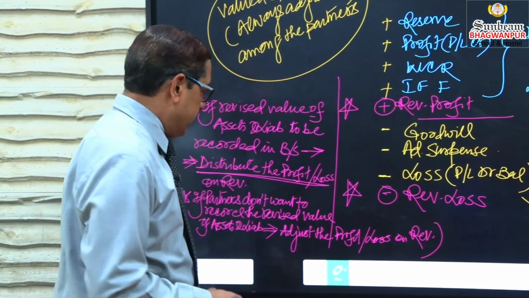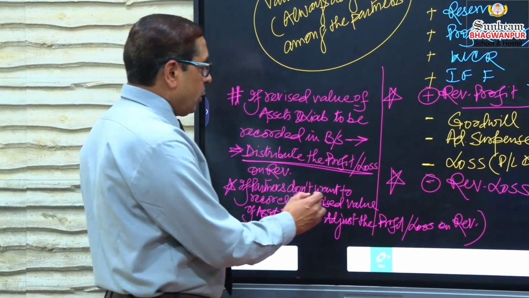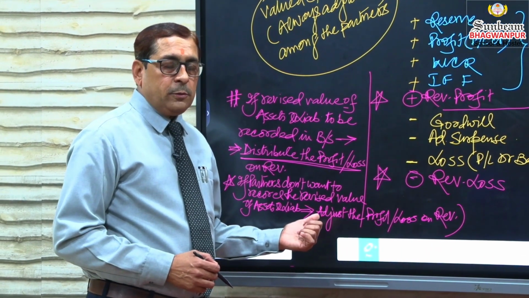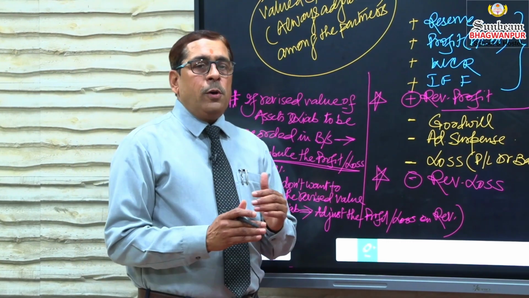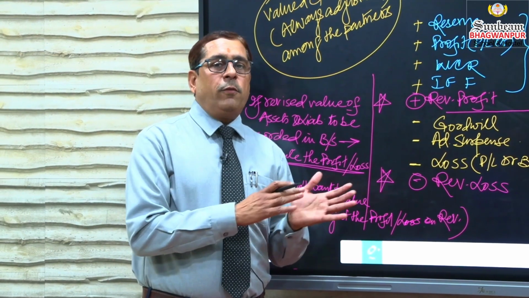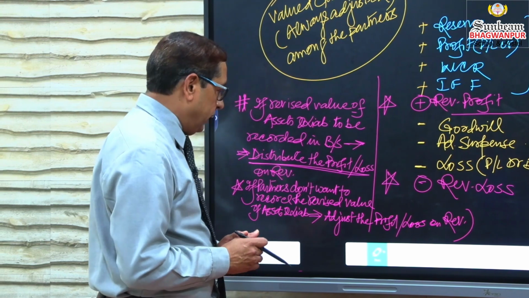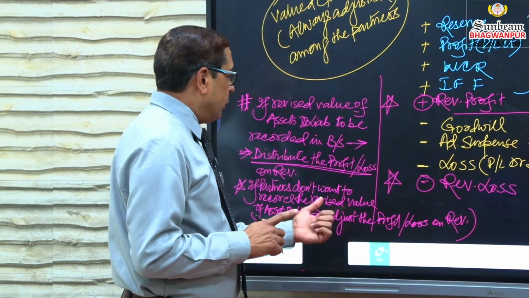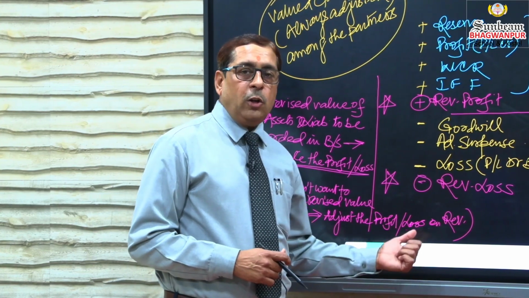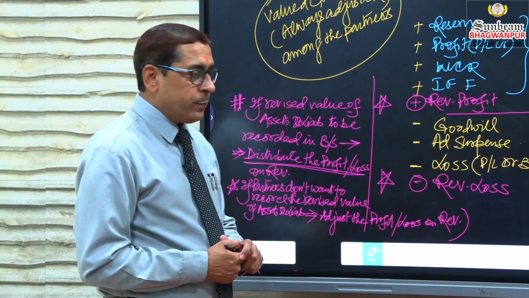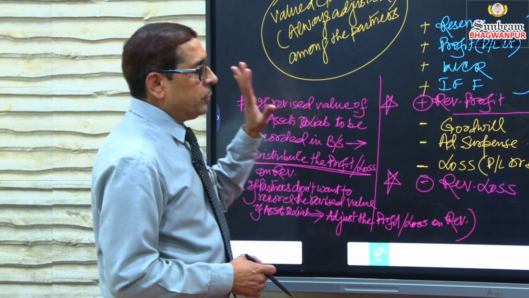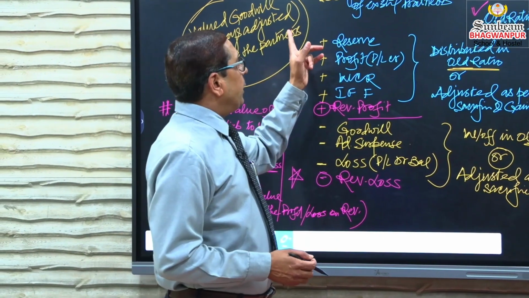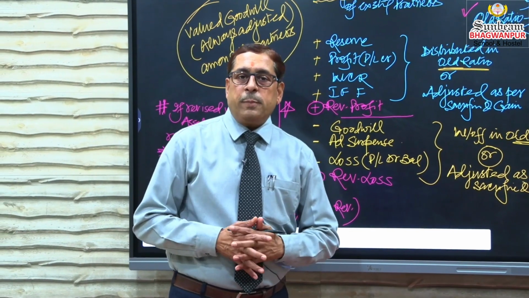If the other instruction is that partners do not want to record the revised value of assets and liabilities, they want to record the previous, original value of assets and liabilities in the balance sheet, in that case you will not distribute the profit and loss, rather you will adjust the profit and loss on revaluation.